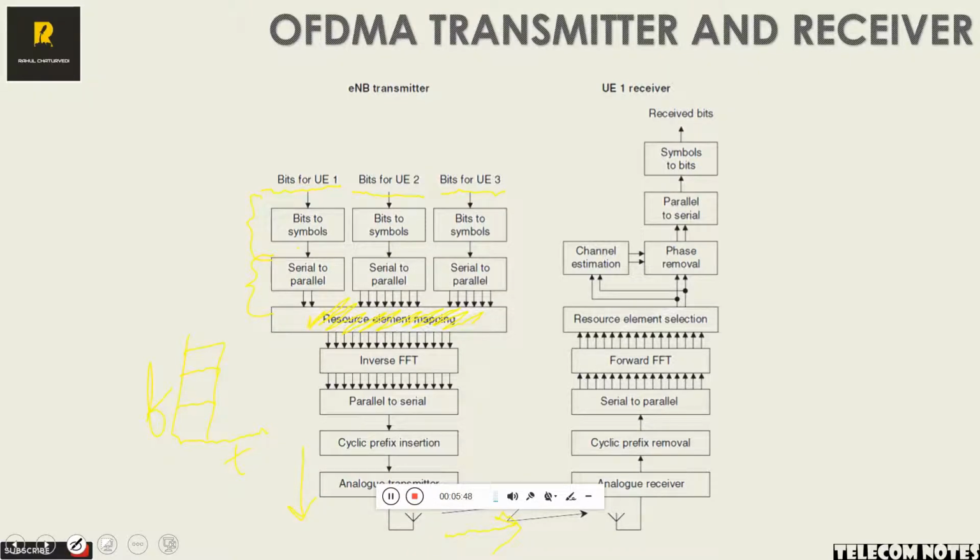The vice versa procedure is at the end of the receiver, where you will find the analog receiver, cyclic prefix removal, and serial to parallel.